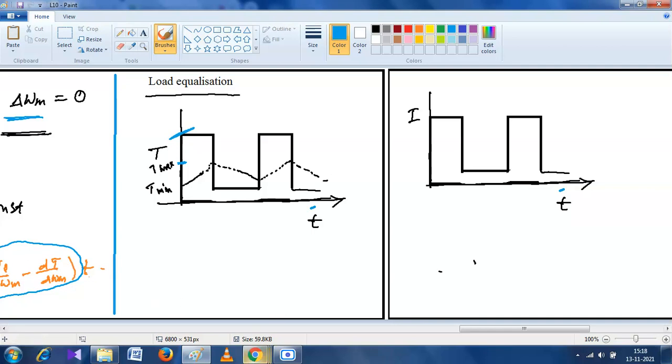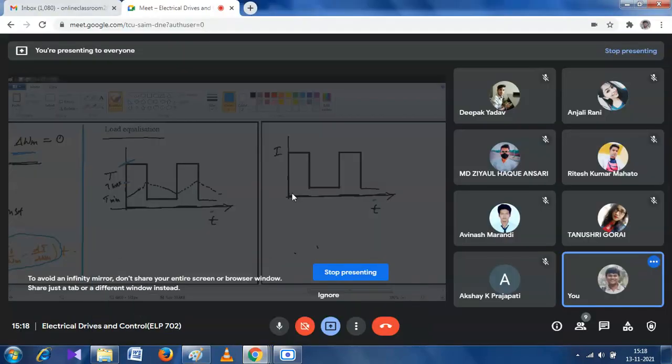अब समझ में आया? बोलिए सब। दीपक, yes, sir. लोड इक्वलाइजेशन समझ में आया क्या है? दीपक, yes, sir. तो समझ में आया क्या है लोड इक्वलाइजेशन? थोड़ा सा बोलो क्या है.